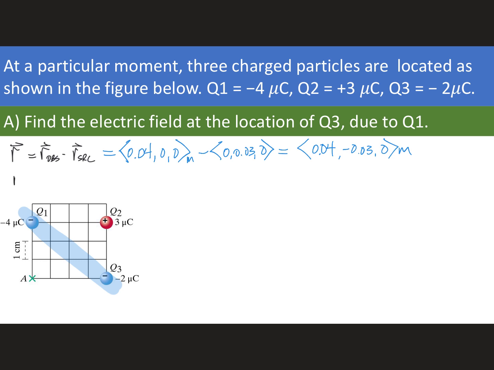I'll spare you the algebra, but the magnitude of r is going to be 0.05. That shouldn't be surprising since you have a 3, 4, 5 triangle. And the unit vector, if you divide the resultant by its magnitude, you get 0.8 and negative 0.6.